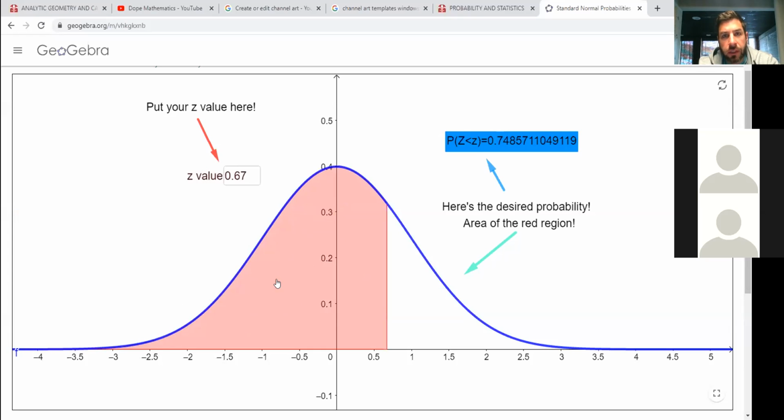That red region is the actual area under the curve up to 0.67, and that area is the probability you're looking for. It's this number right here, 0.74857. If you round that off, let's say 0.7486.